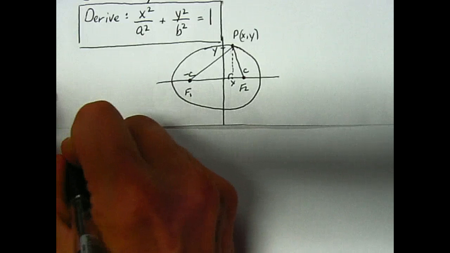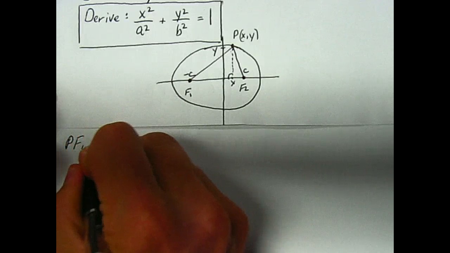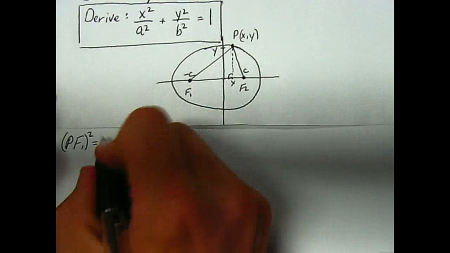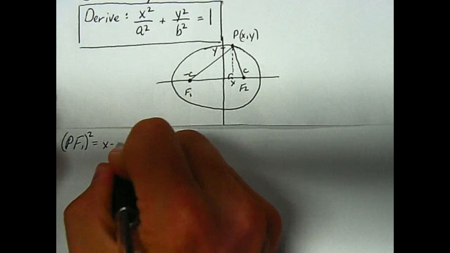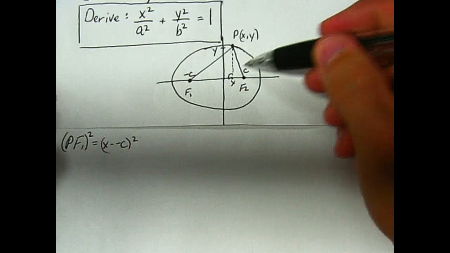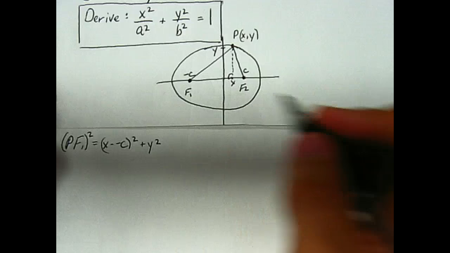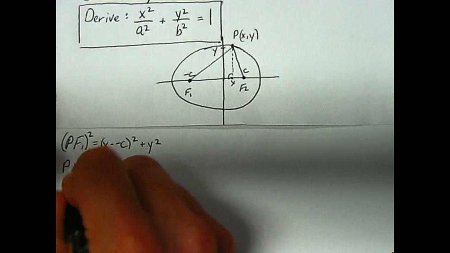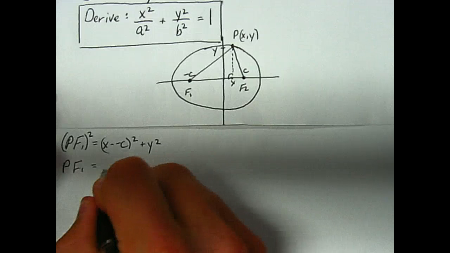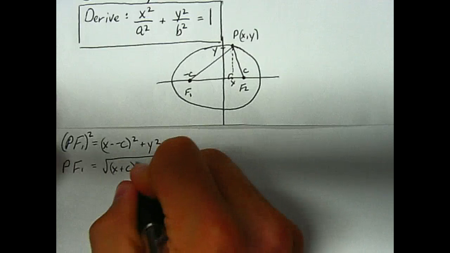So to find the distance between our point and our first focus, I'm going to say that that distance squared is equal to x minus c all squared. So that's this distance plus this distance squared plus y squared. Okay? So my distance between my point and my first focus, take the square root of both sides, is going to be the square root of x plus c all squared plus y squared.